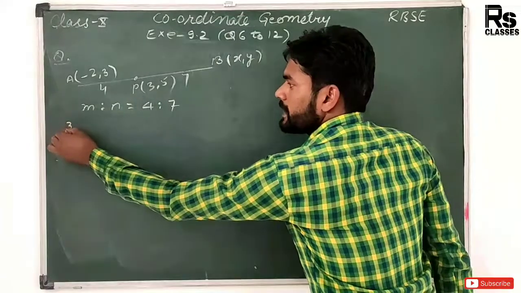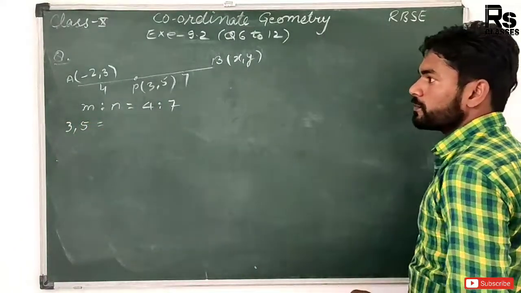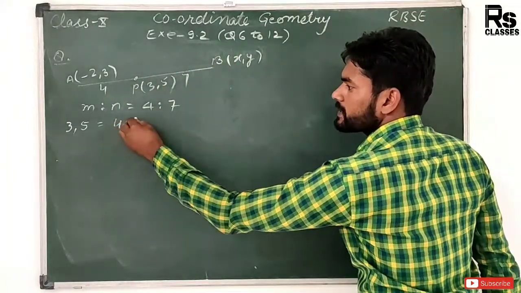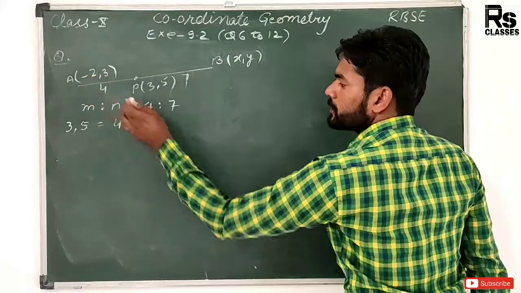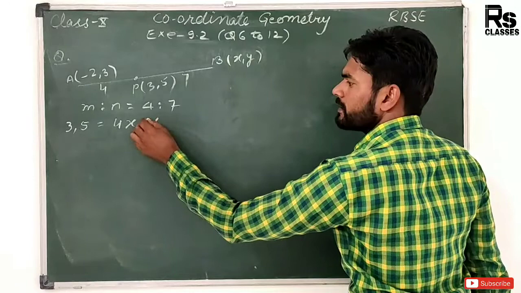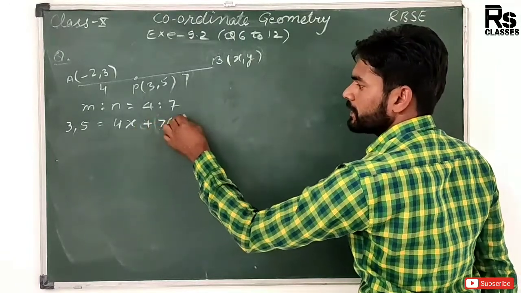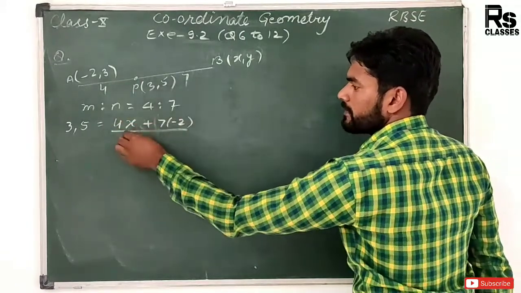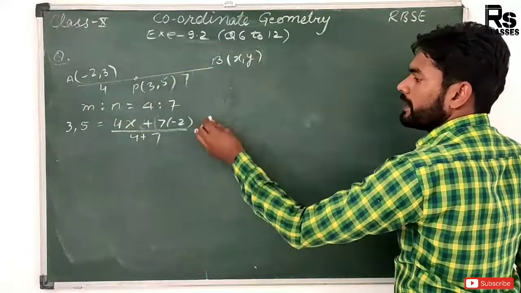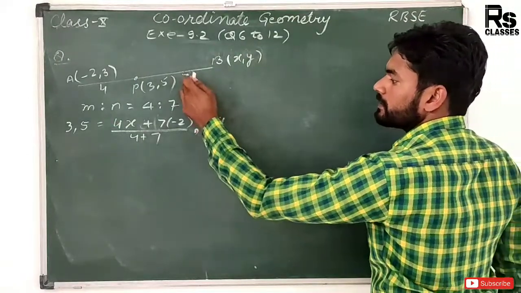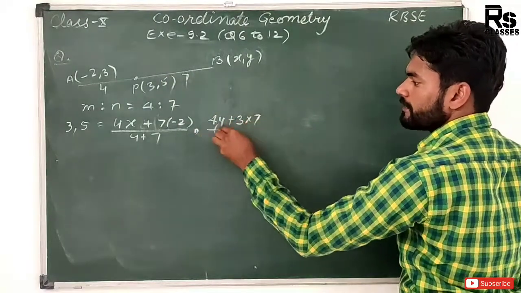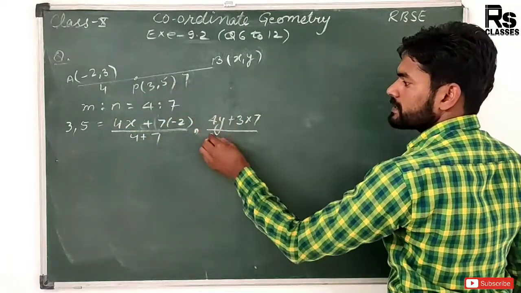For this point (3, 5), the formula is (4 into x plus 7 into minus 2) upon 4 plus 7, comma, (4 into y plus 3 into 7) upon 4 plus 7.